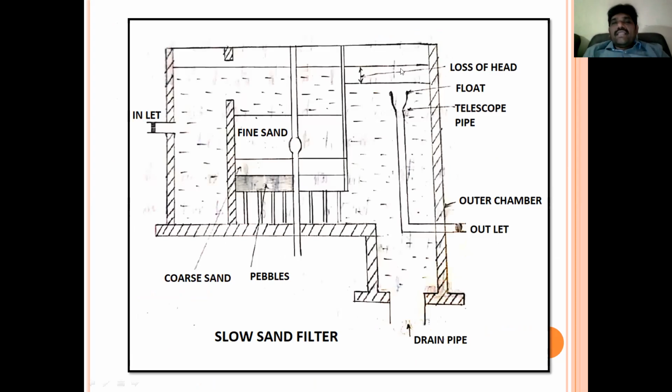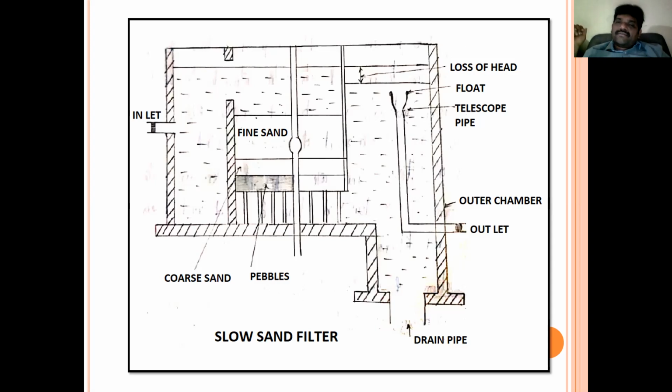The difference between the water level on the sand bed and the water level in the outlet chamber gives the information on loss of head. When the loss of head is increasing, it means the quantity of water entering the outlet chamber is reducing because of the blockage of voids in the sand media.